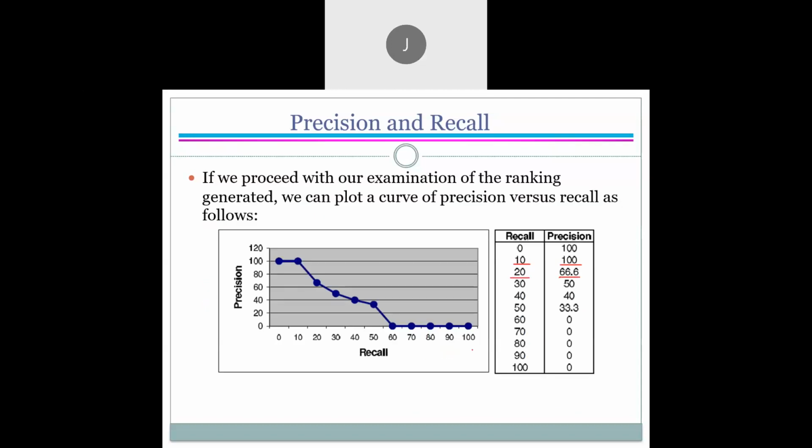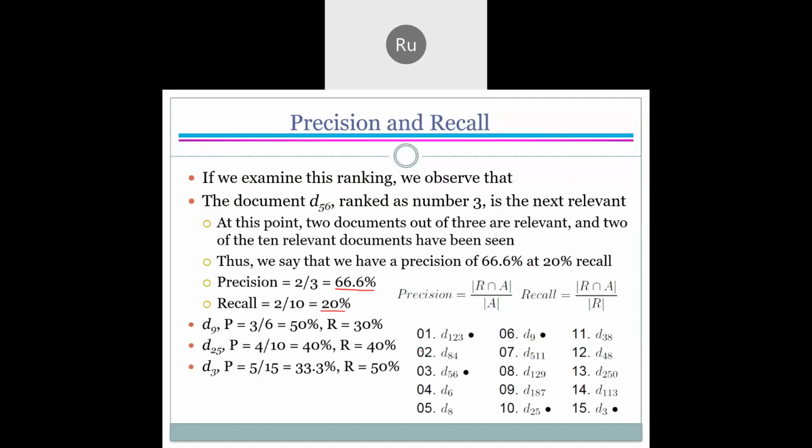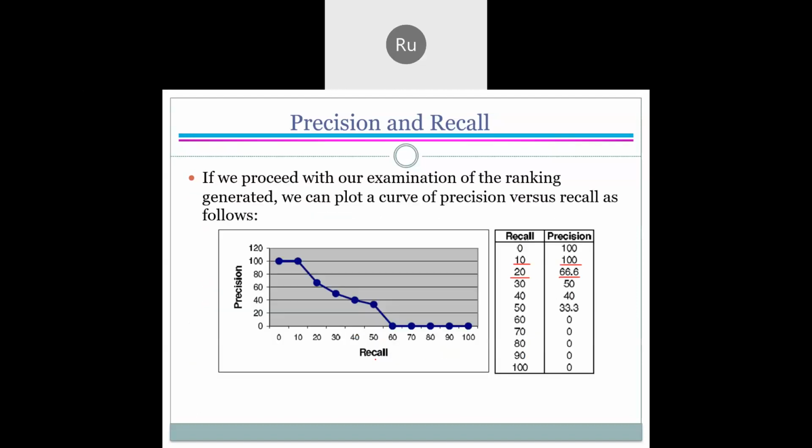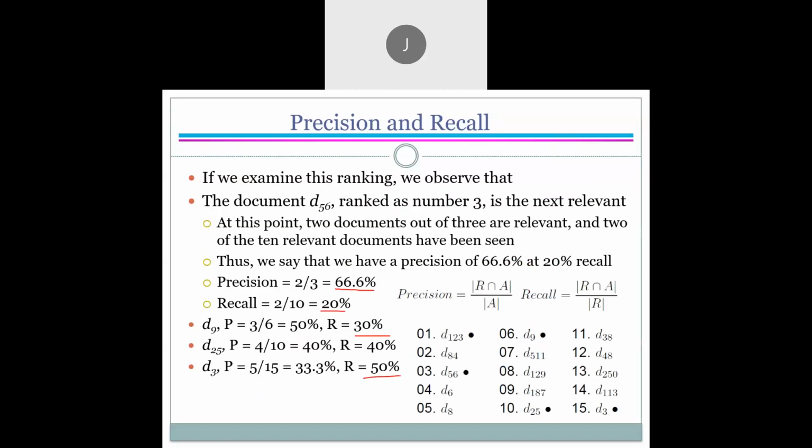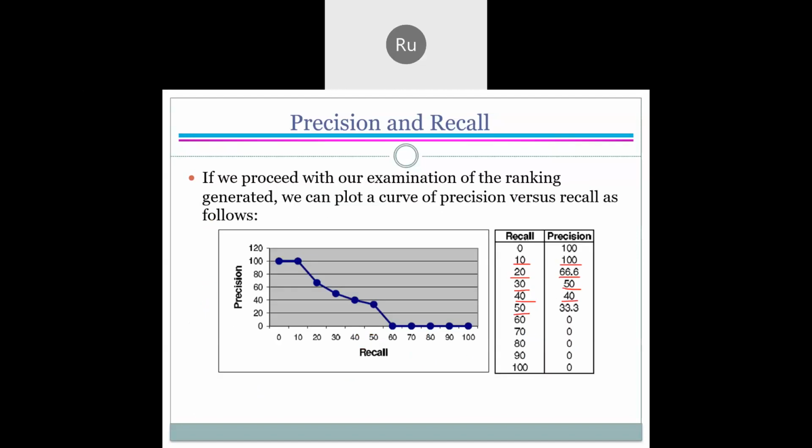And we have here recall is 30 and the precision is 50. Recall is 30, precision is 50. So we can continue with this. Recall is 50, and our precision is 33. So for the rest of them is 0 because we do not have the number.